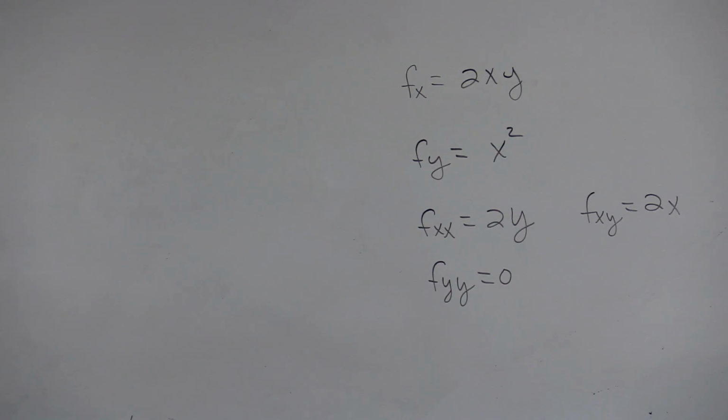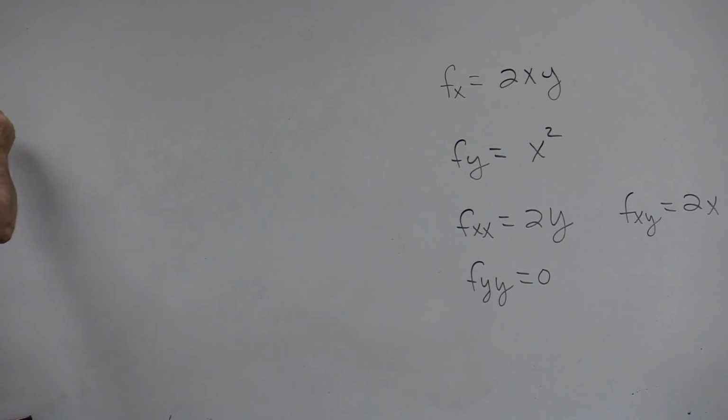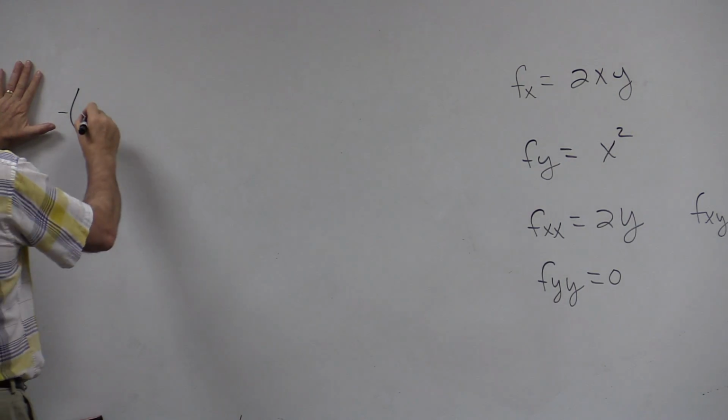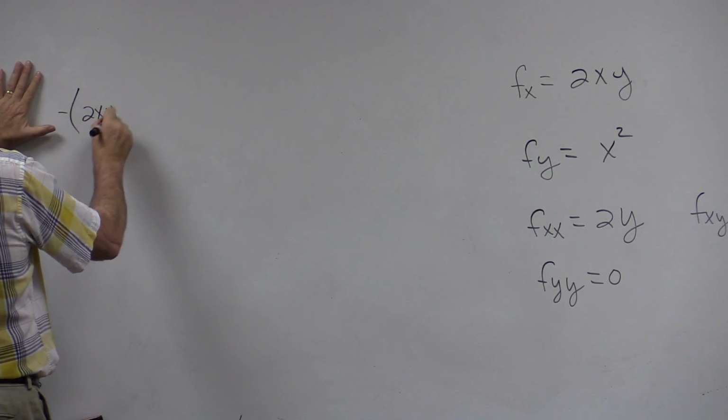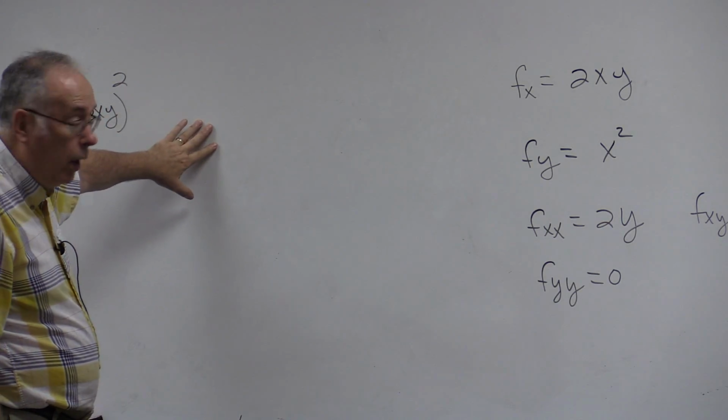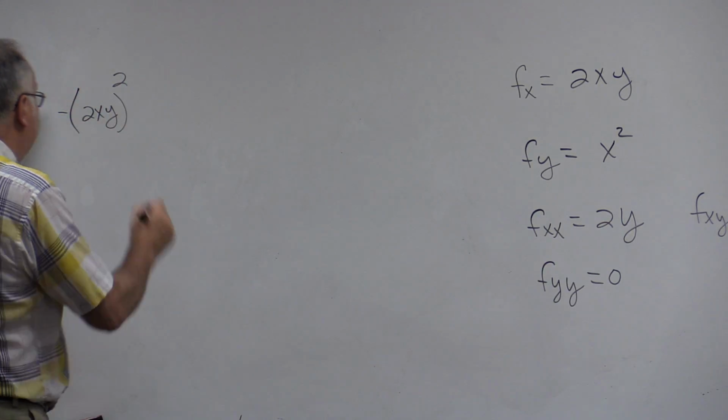So if we just plug into this formula here, what we get is the following. Minus f sub x. What was f sub x? It was 2xy. Square that. Multiply that times f sub yy. F sub yy is 0.